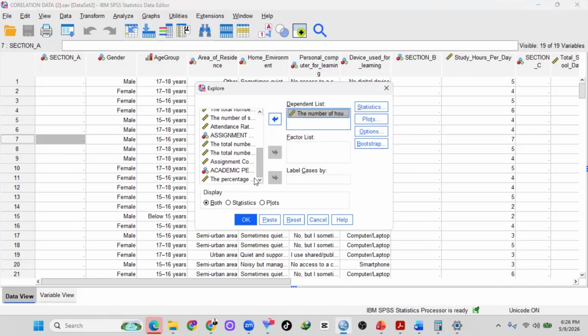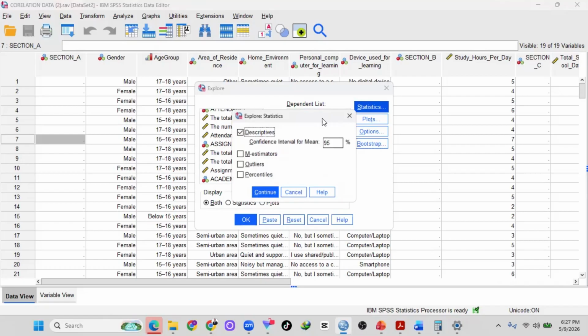And we are also going to get the dependent variable, which is the percentage or the performance, and put it in that small box of dependent list, okay? Now, when we do that, we can go ahead and say what statistics we want. We can have descriptives if we want, but it might not be necessary, okay?